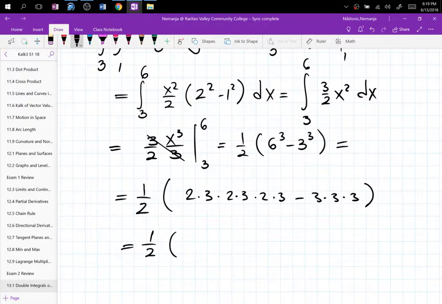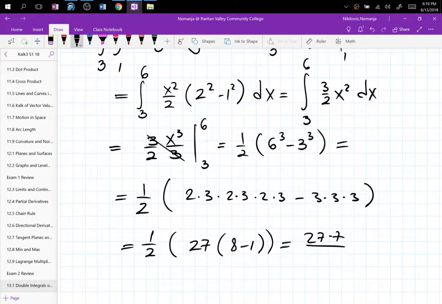You can factor out 3 cubed, that's 27, and you're left with 8 minus 1. So 8 minus 1 is 7, so you have 27 times 7 over 2, if that makes you happier. So 189 divided by 2. Done.